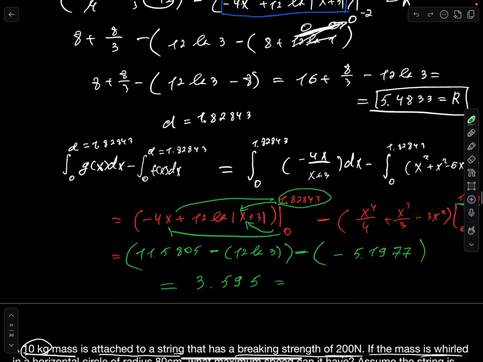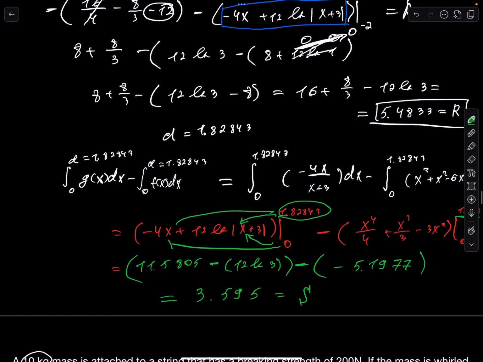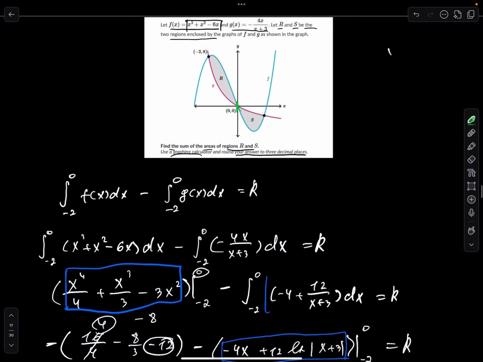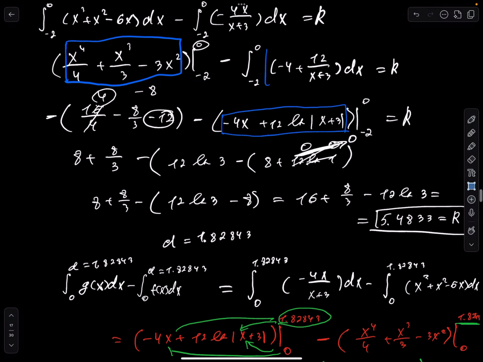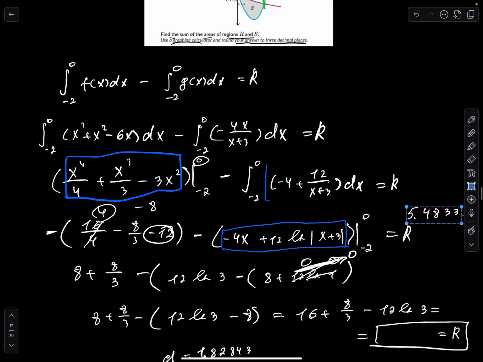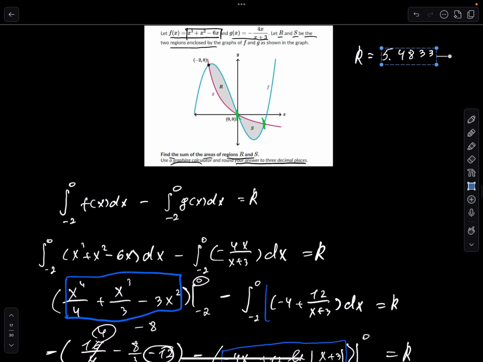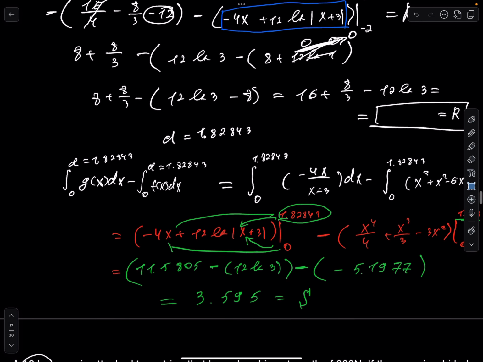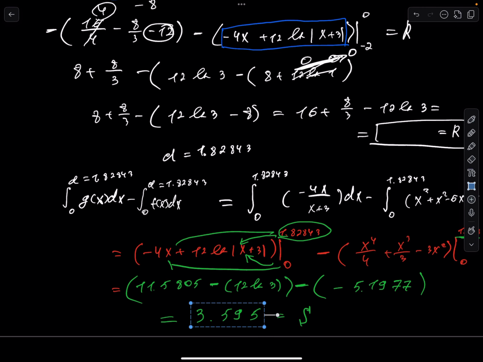The area between the curves in this x interval. Now we get a little bit of a drum roll here. R is equal to what? Let me copy it. R is equal to this value right over there. Then S is equal to this value right over there.